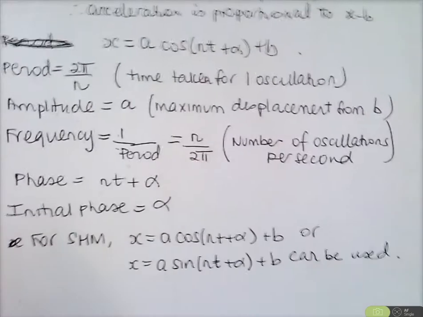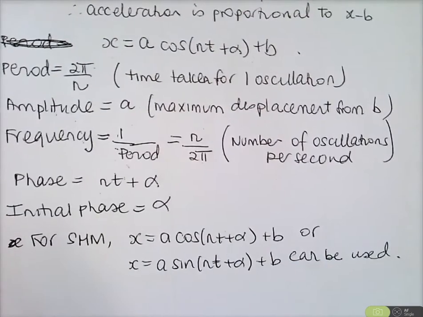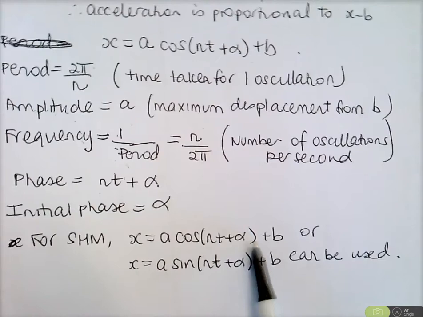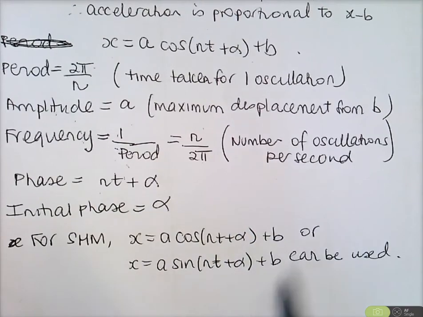It's just that if you're using the sine one, it's starting at a different point, that's all. You're just 90 degrees down the road. The difference between the cos and sine curve is 90 degrees because they're complementary. But we do tend to use the a cos(nt + alpha) one. But they both can be used.